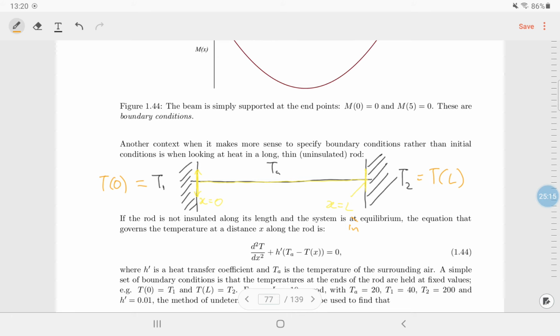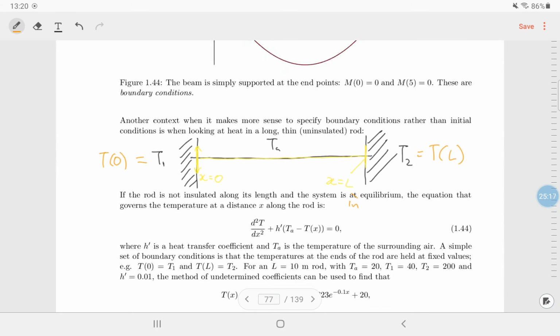We may or may not see that equation a bit later on. So H dash is a heat transfer coefficient related to how much heat is being given off. Of course, the heat can be going into the rod or out of the rod. So this is proportional to, well, that's not right, H dash is the constant of proportionality.